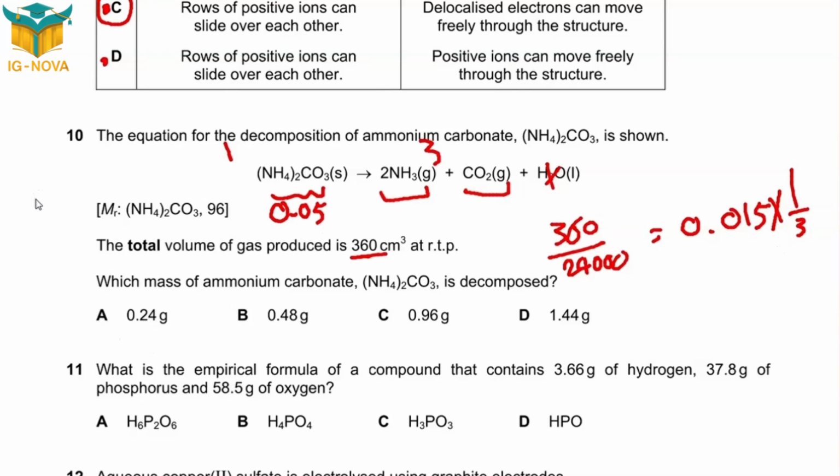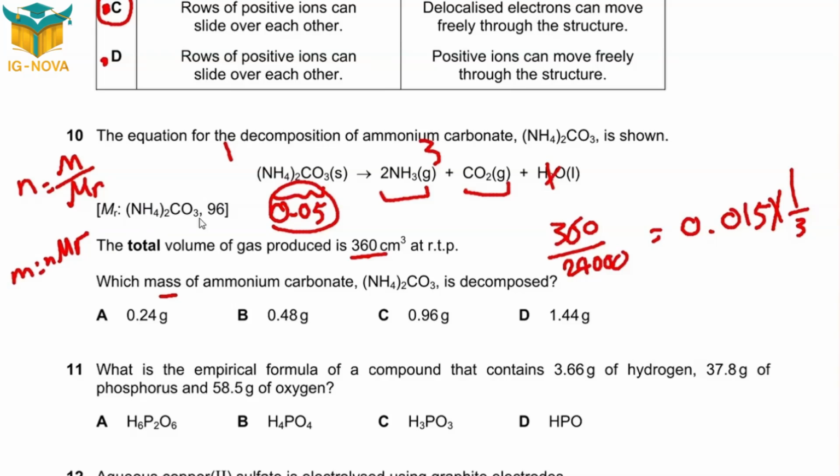Number of moles equals mass over molar mass. Since we have the number of moles, 0.05, and the question is asking for the mass, mass equals moles times molar mass.